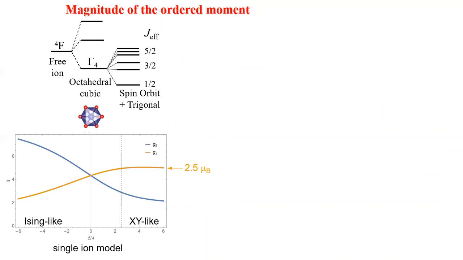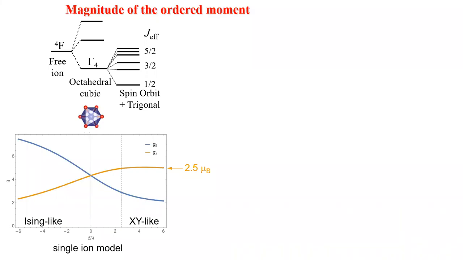the magnetic ground state. So here is a plot of g factors as a function of trigonal splitting. For cubic anisotropy, g factors for moment in the plane and out of the plane are expected to be the same value, around about 4 1/3.